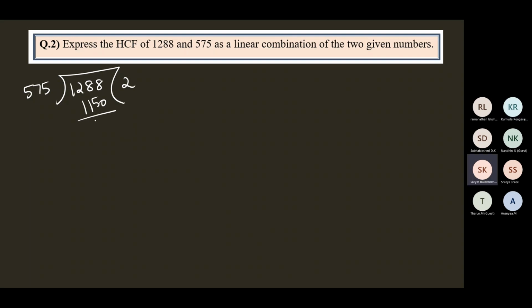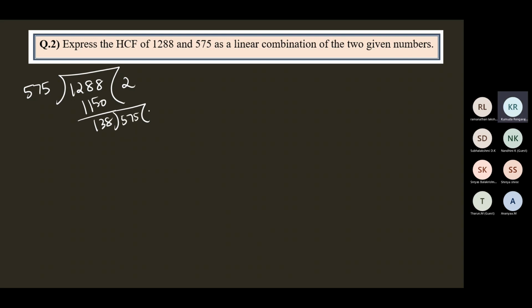Tell me the division, children. 575, 1288. Tell me the division. Ma'am, 2, 2, 1150. Remainder, 138.